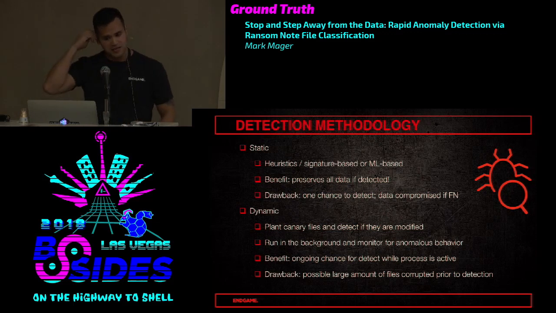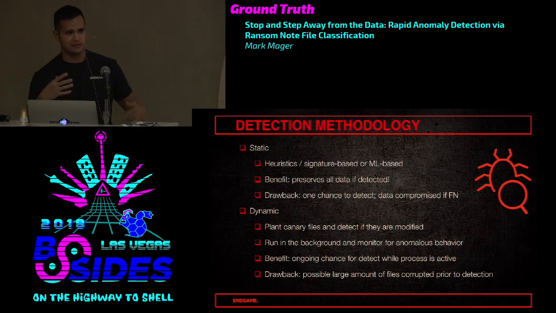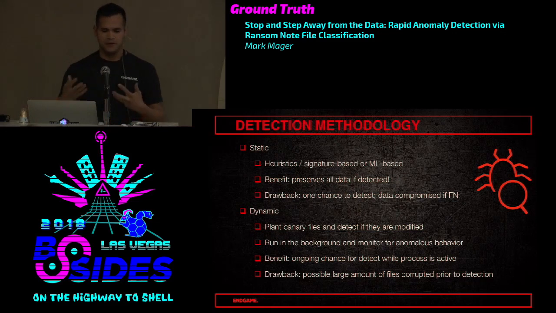For dynamic detections, there are a few things that can take place. One approach is to plant canary files onto a system. The purpose of these is that they're monitored, and if they're modified in any way that a user wouldn't, that's essentially their trip alert to say, hey, there's anomalous behavior taking place on this host.